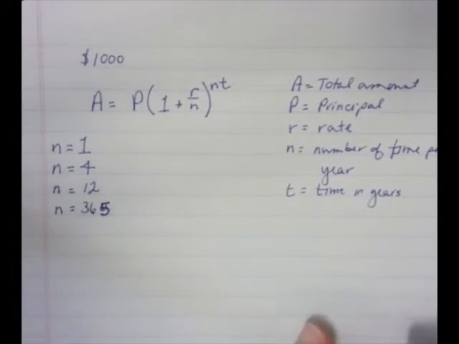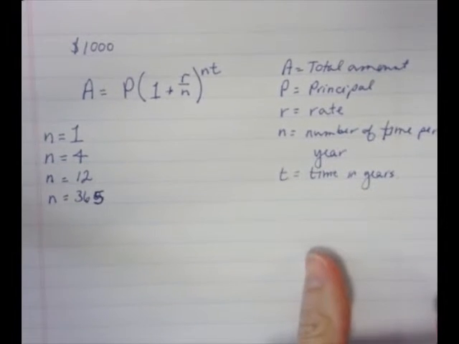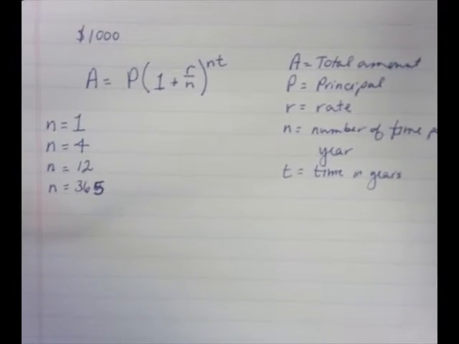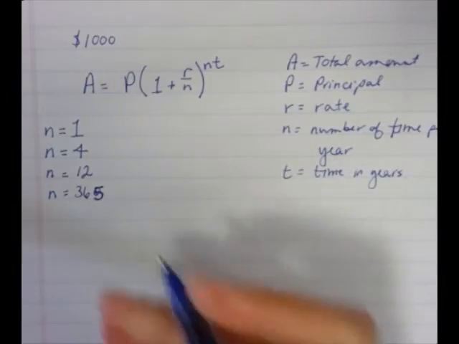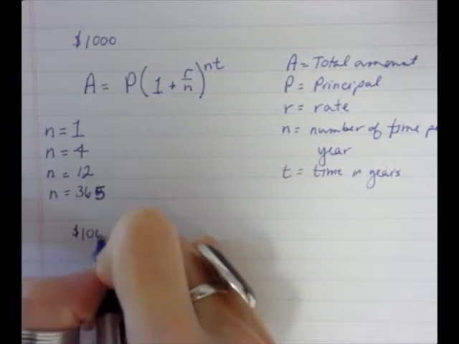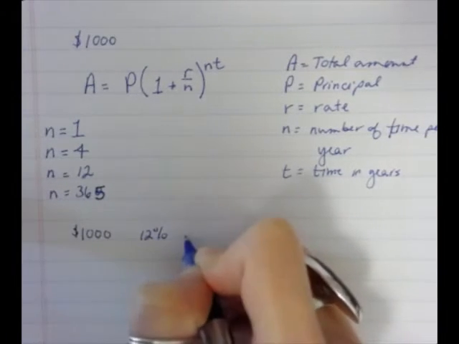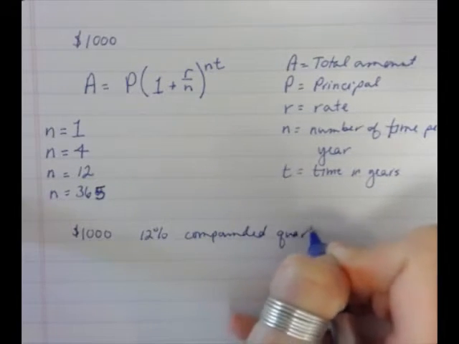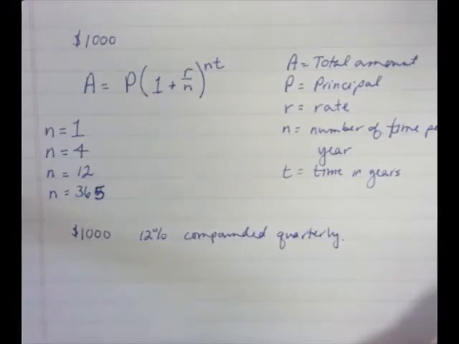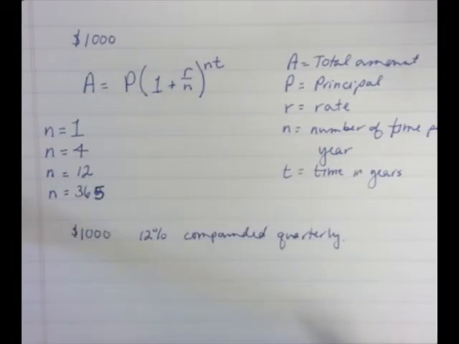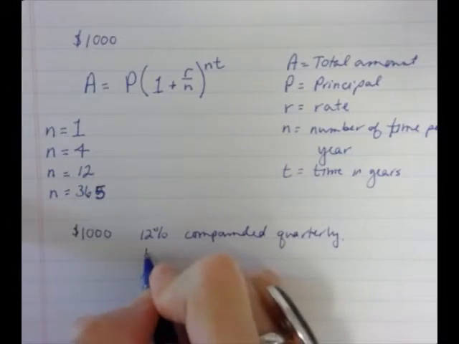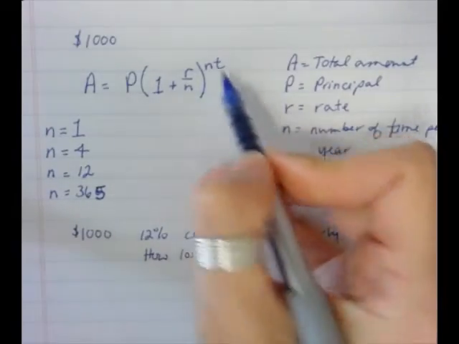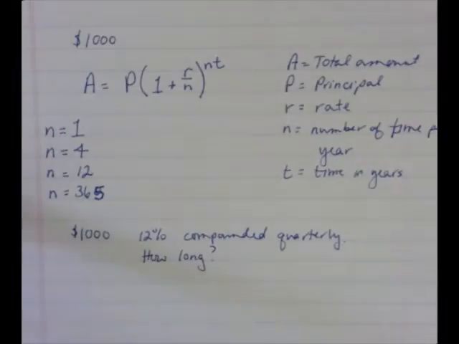So the question we did in class using this information is, what if you were able to invest your $1,000 at 12% compounded quarterly? How long would it take you to triple your money, to make $3,000? How long? That means we must not know our t, because we're looking for how long it's going to take.